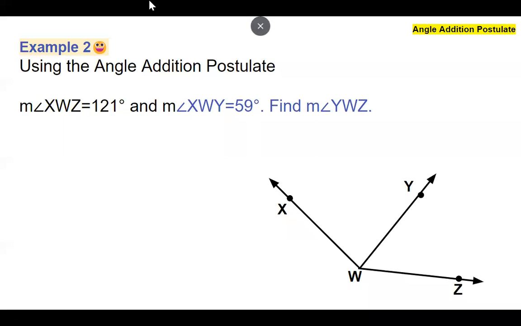Now that we know how to apply the angle addition postulate, in this case, what information is given? Who went last? Cassandra, pass it on. Brennan. So what information is given?